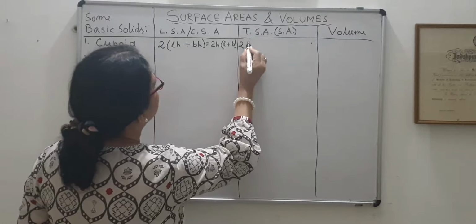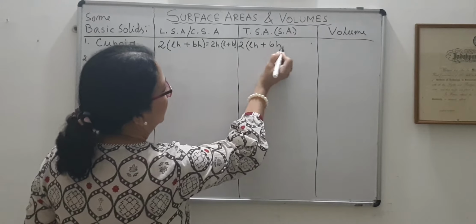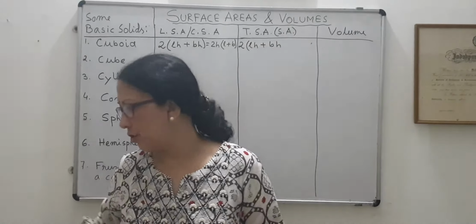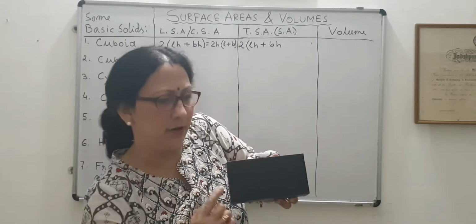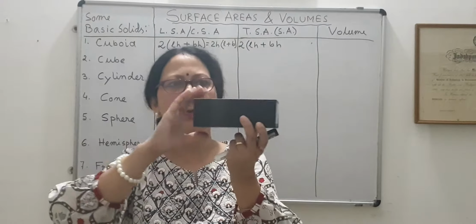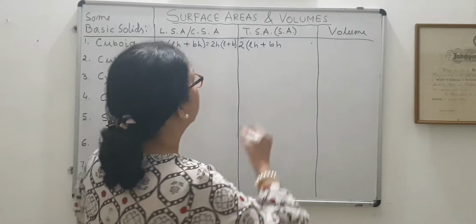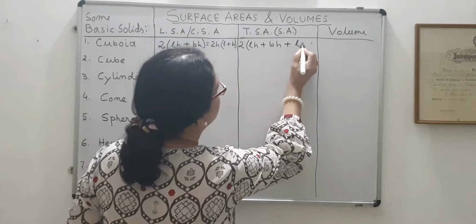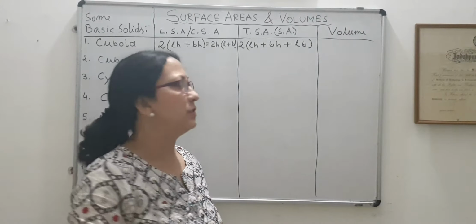Lateral surface area is this one. Now the top area will be length into breadth, and the base is also length into breadth. So we add twice of length into breadth. It is very easy to remember the formula if you can visualize the thing.